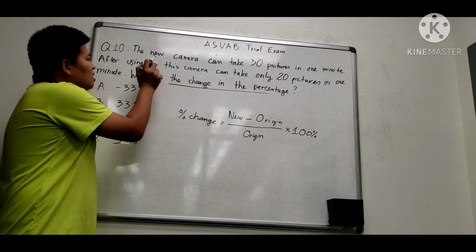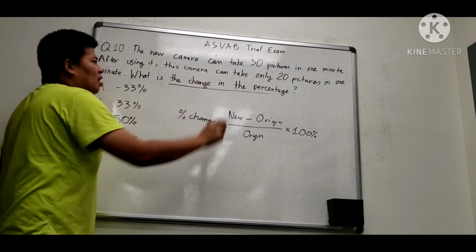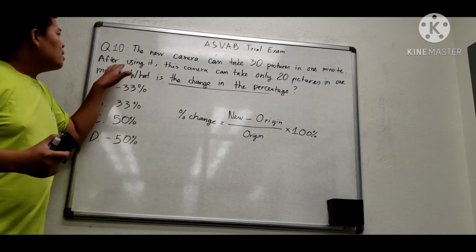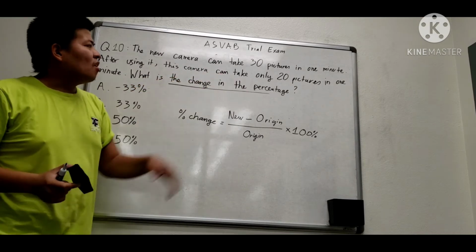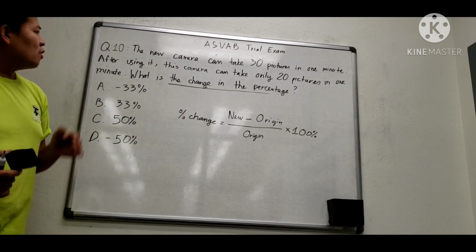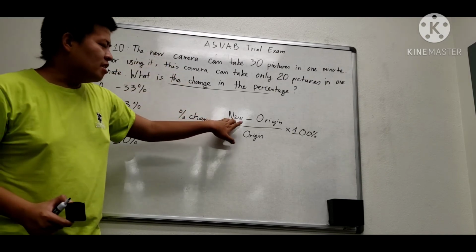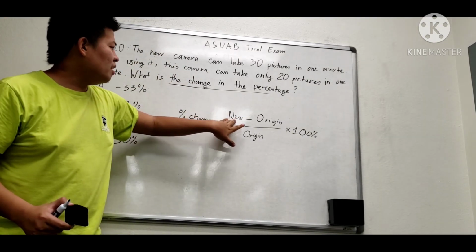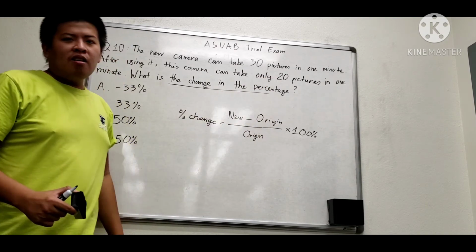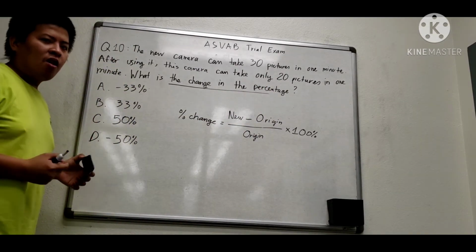We can see that the new camera takes 30 pictures. After using it, this camera can take only 20 pictures. Some students think the new is 30 and the origin is 20, but actually that is wrong.